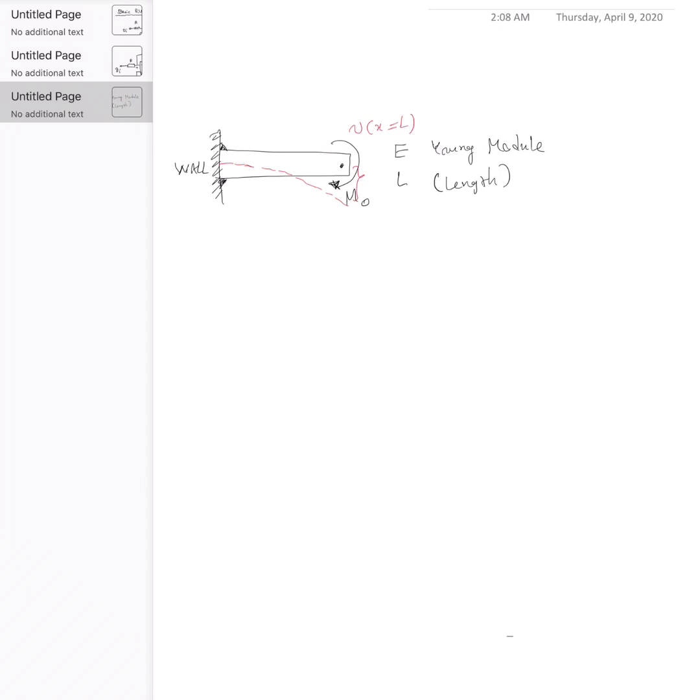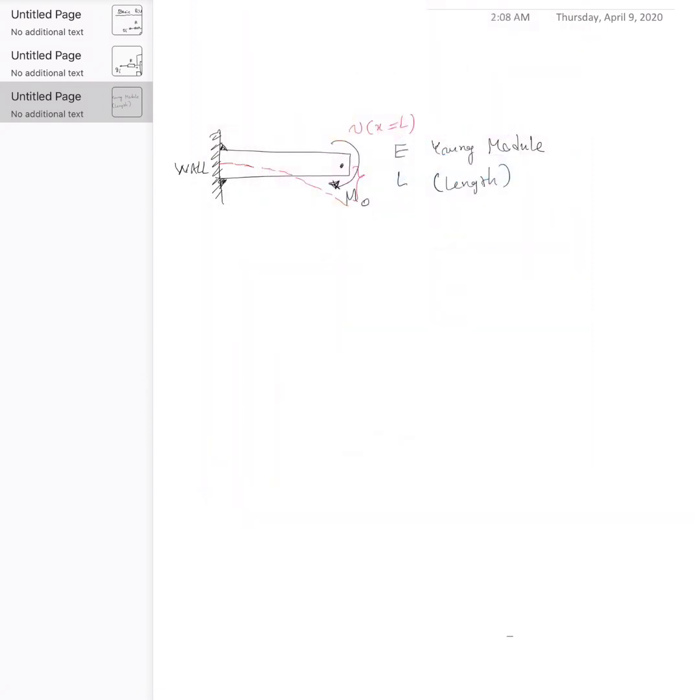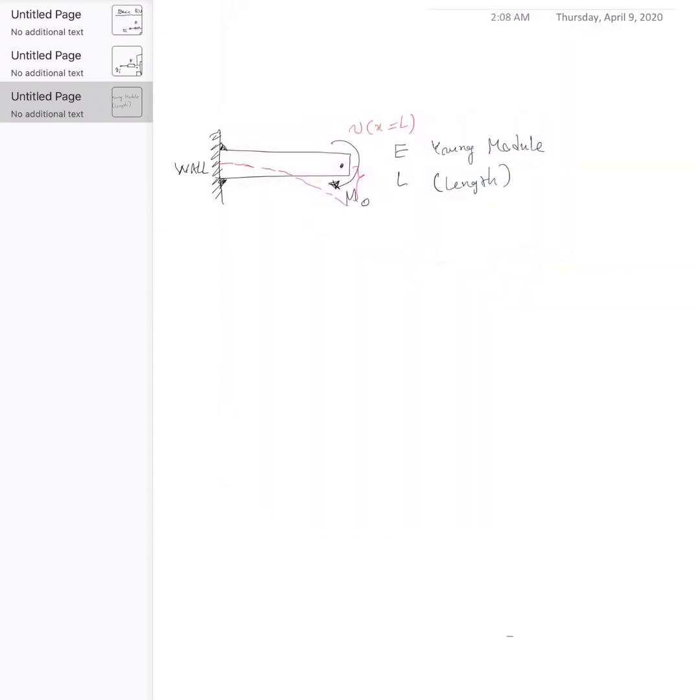Alright, to solve this problem, we go back to the equations that we derived in class. The equation that we derived in class was the second derivative of v is equal to M over EI.